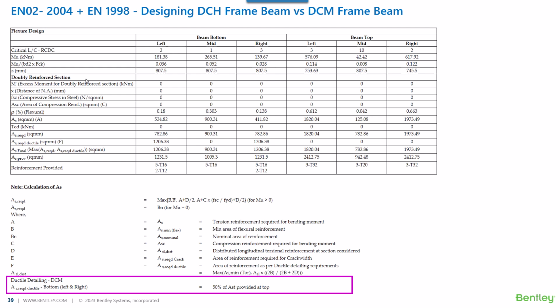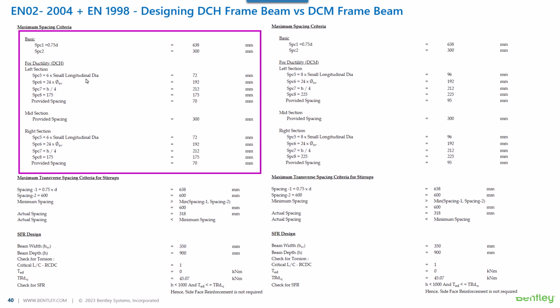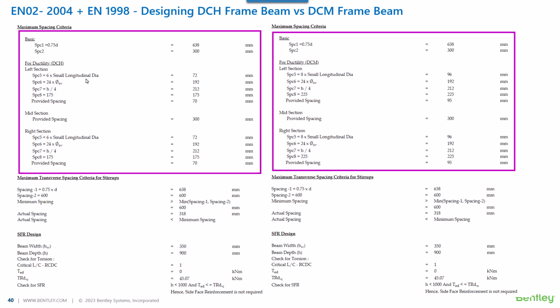Then next we have the changes in the spacing criteria that have to be followed for a ductile class high frame beam and that for a ductile class medium frame beam. So these are just two differences in the design that the code has mentioned that need to be followed separately for a DCH frame beam and a DCM frame beam.